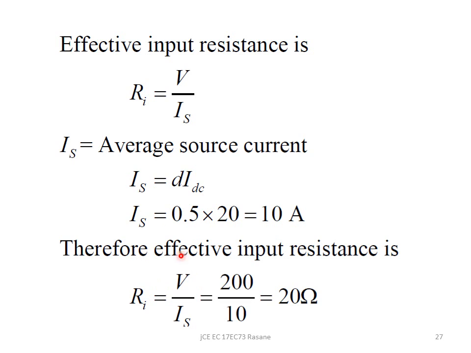So the effective input resistance Ri equals V by Is, which is 200 upon 10, that will come to 20 ohms. So the source current depends on the duty cycle into IDC, and IDC we have already calculated as 20 amperes.